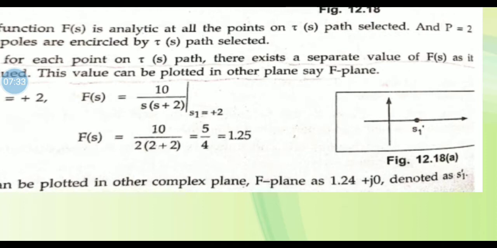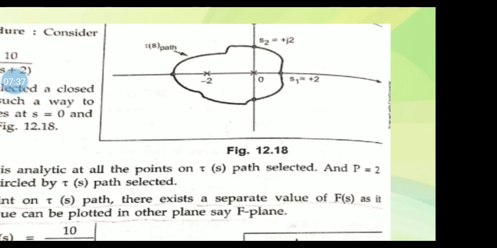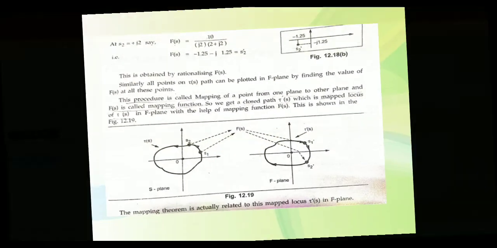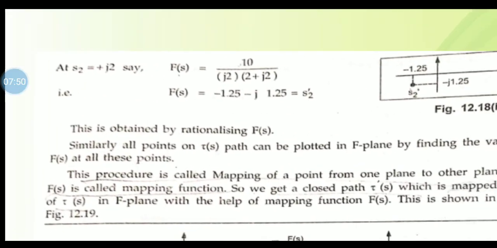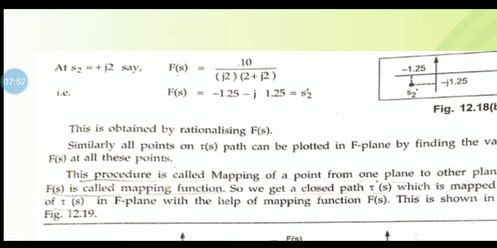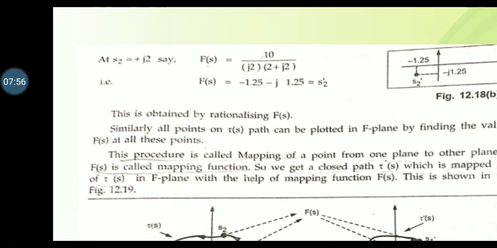denoted as s1 dash. Now we'll take s2 equal to plus j2, say f(s) equal to 10 divided by j2 into bracket 2 plus j2. So I have taken s2 equal to plus j2 now, one more point.